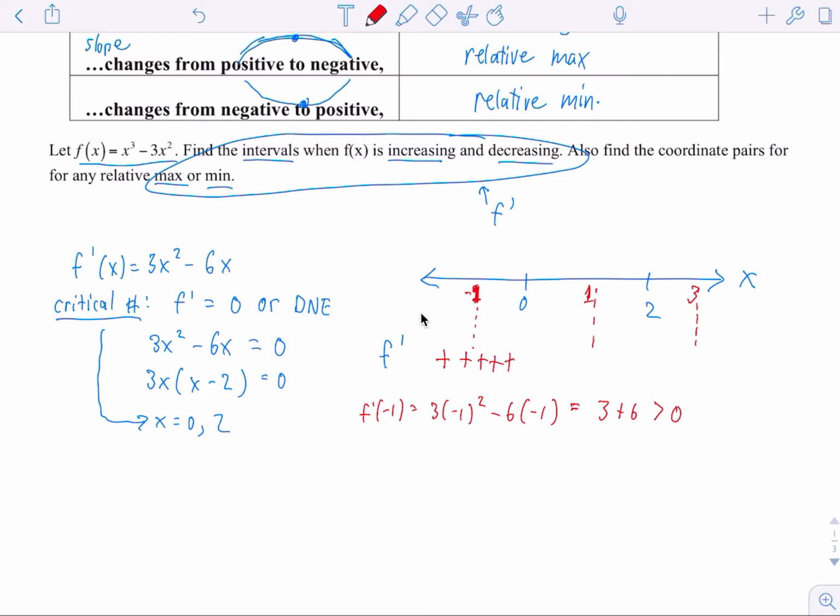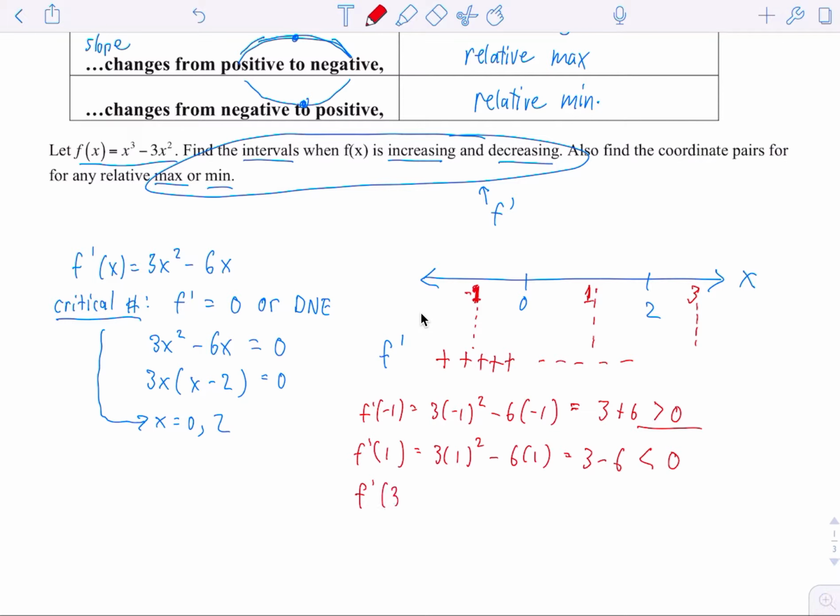Let's do f prime of 1. 3 times 1 squared minus 6 times 1 is 3 minus 6, which is less than 0. So in this zone, it's all going to be negative numbers for my derivative.